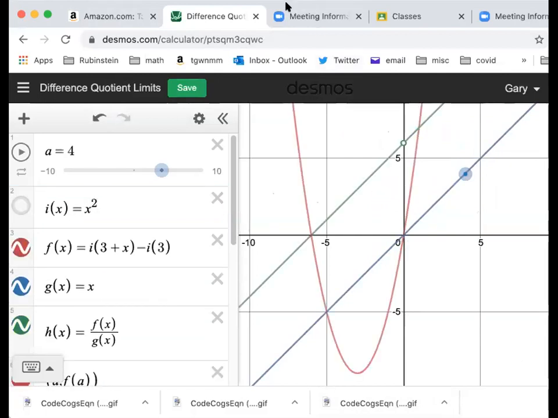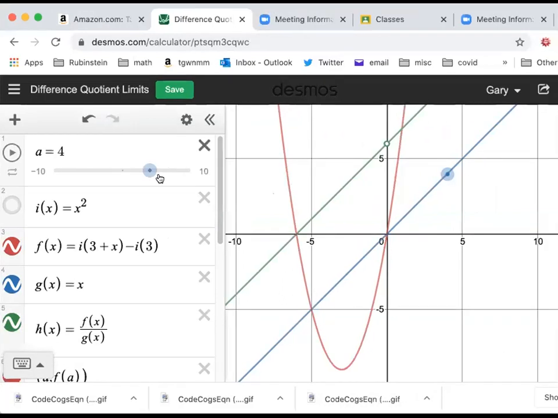So take a look over here. This is the situation where the red is 3 plus x squared minus 3 squared, and the blue is just 3 plus x minus 3, which is just x, and the green is the quotient. And you can see that quotient is a line.